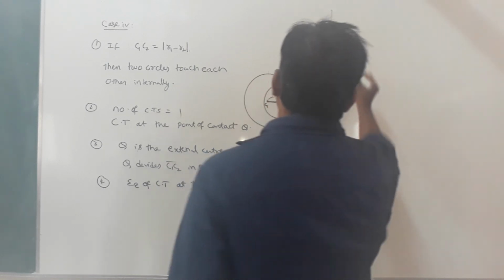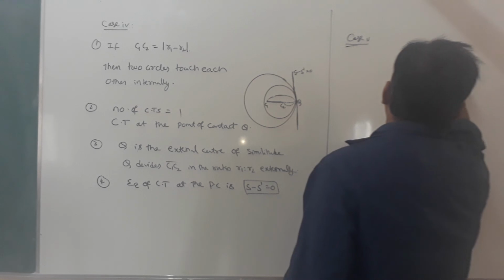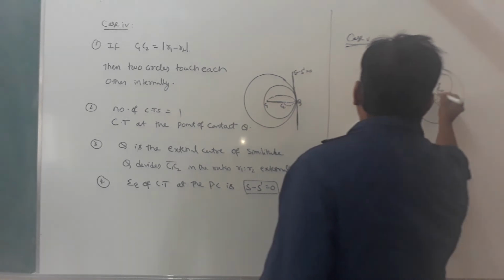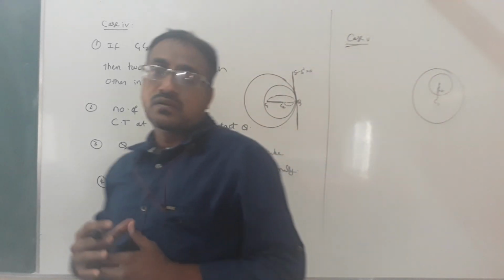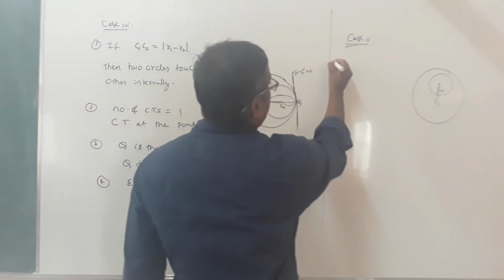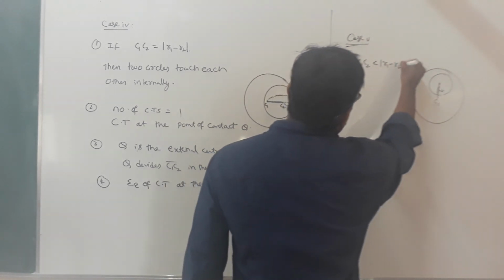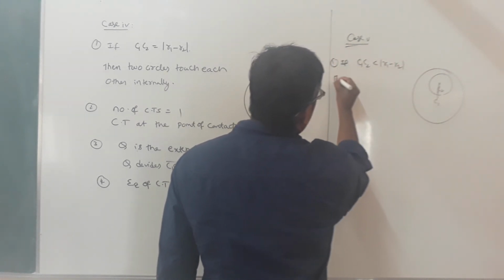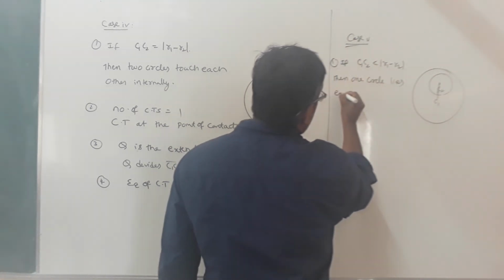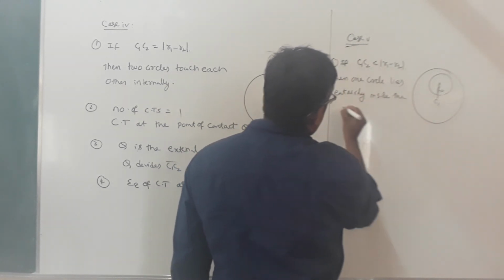Now case 5. Here one circle lies entirely inside the other. So if C1 C2 is less than mod R1 minus R2, then one circle lies entirely inside the other.